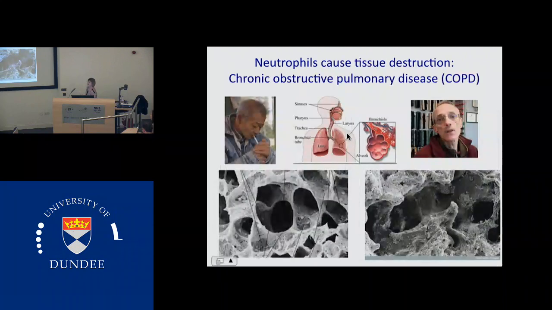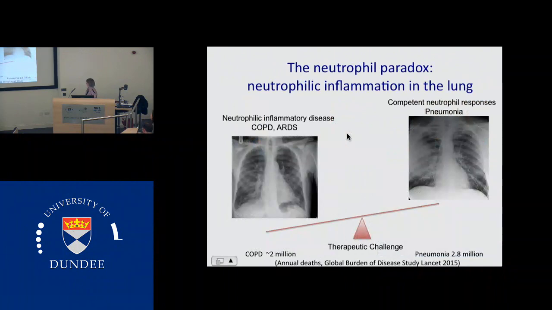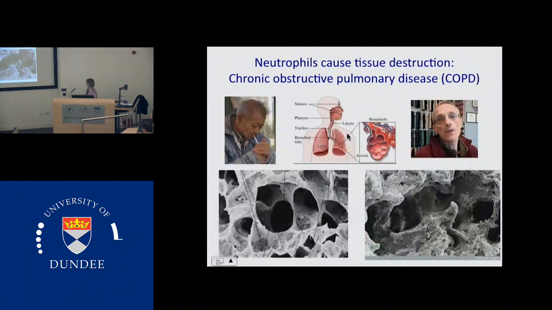But we also know that neutrophils and their toxic contents of enzymes and oxygen radicals are also able to cause very extensive tissue damage. And the disease that we think about a lot, of course, is COPD, principally caused by cigarette smoking, but not exclusively, and it causes destruction of the lung tissue that we refer to as emphysema.